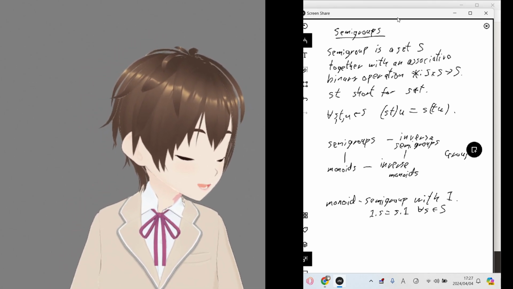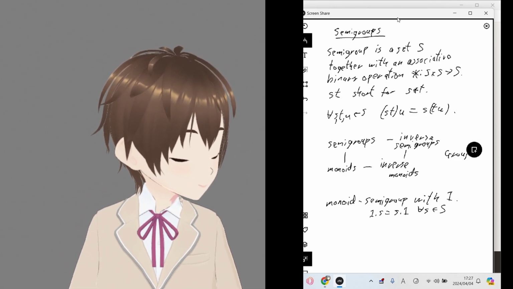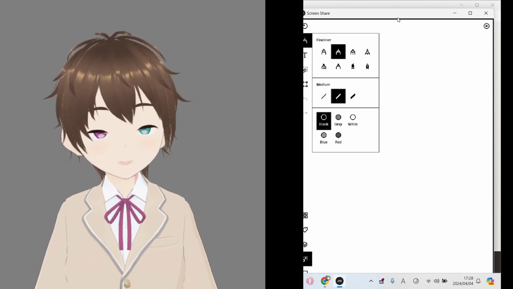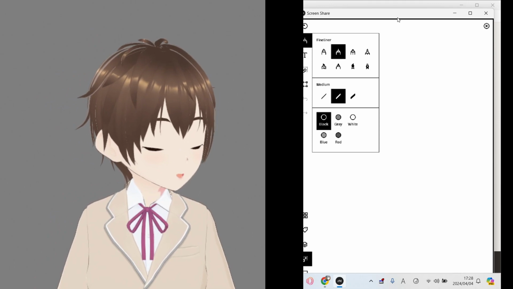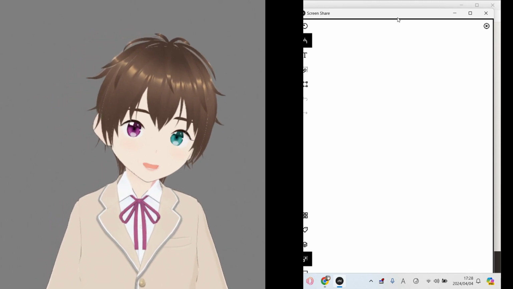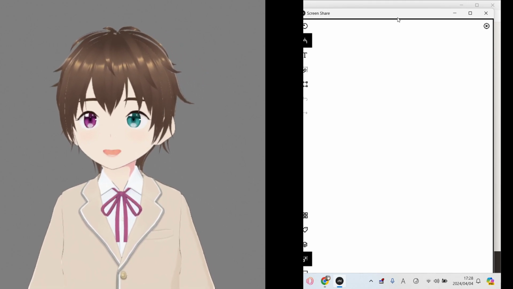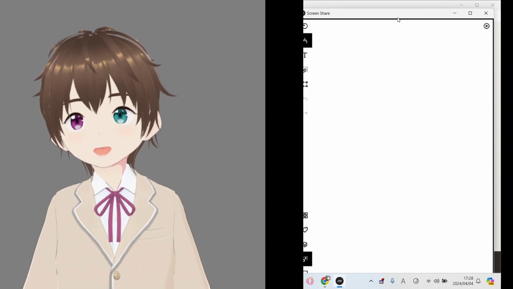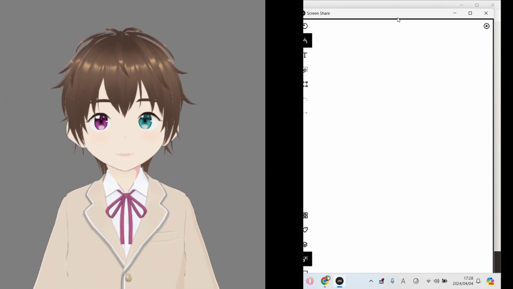Okay, so first there's a definition which I didn't give you, which is for inverse semigroups. The reason I didn't give you an inverse semigroup definition yet is because there are a lot of equivalent definitions of an inverse semigroup, but we want to know what an inverse is in the context of an inverse semigroup in order to define inverse semigroups.